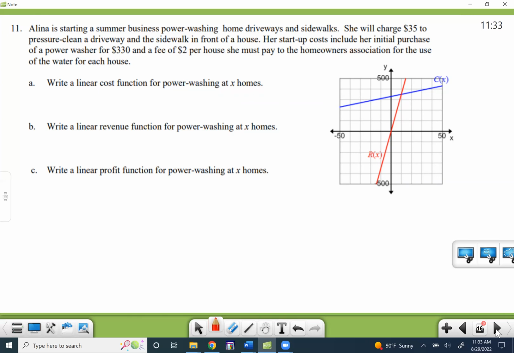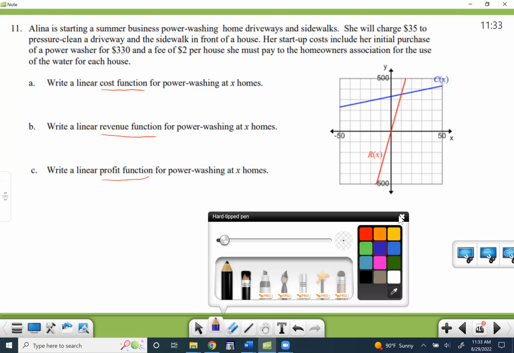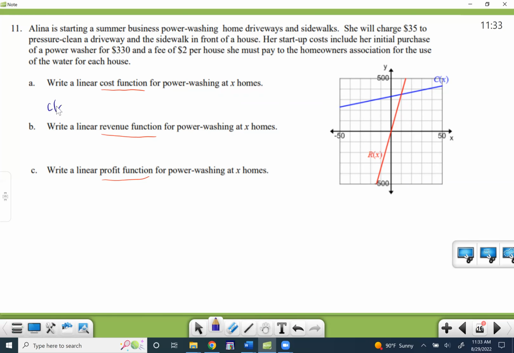Okay, all right, so we're writing a linear cost function, a revenue function, and a profit function. So let's think about what kind of costs she has. For the cost function, C of X, her costs include the initial purchase of a power washer for $330. So you just have to think if that gets a variable or not.